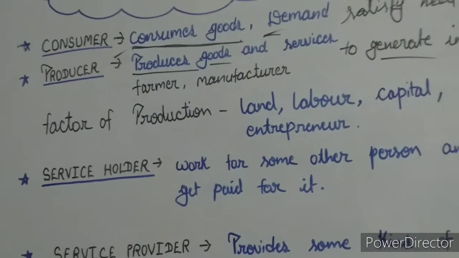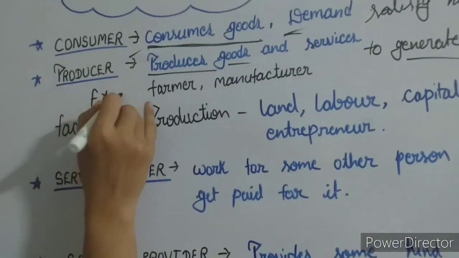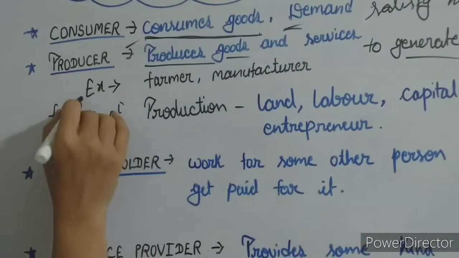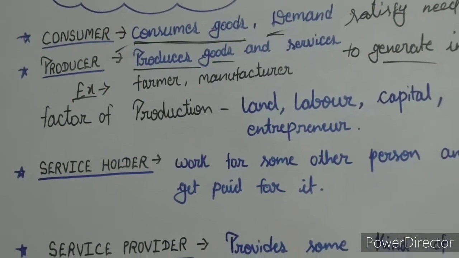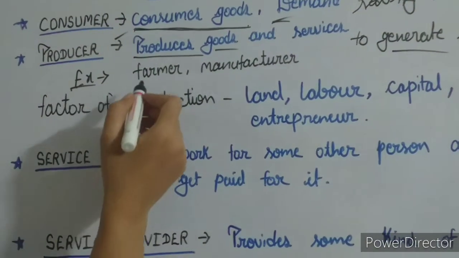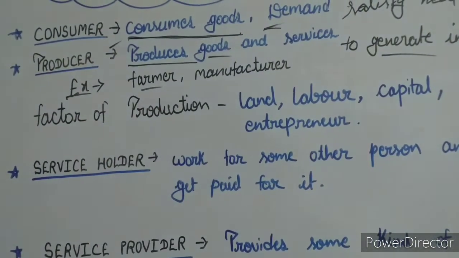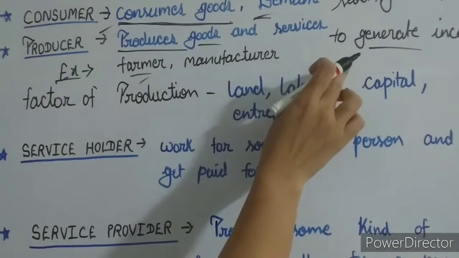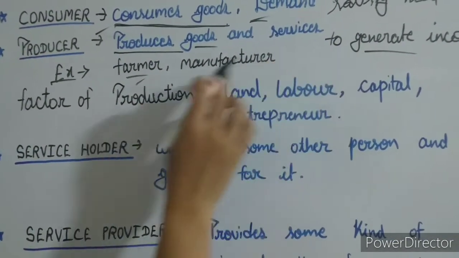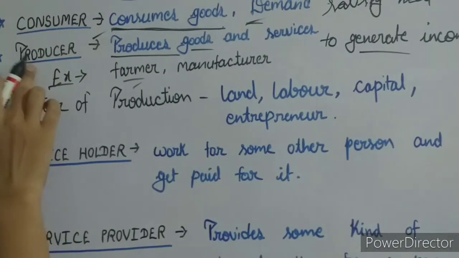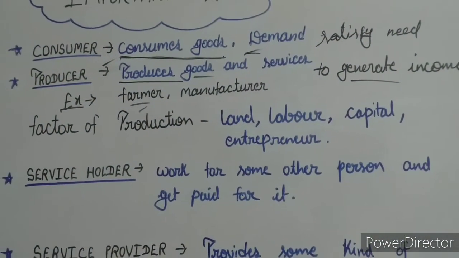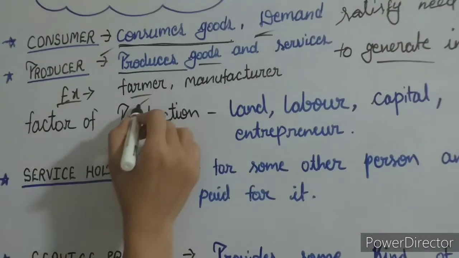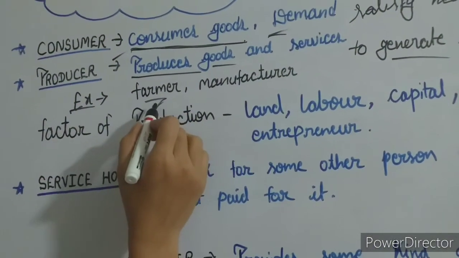We can take the example of a farmer. A farmer produces some vegetables or fruits. Why does he produce this? For generating income only. So the farmer is a producer and we are consumers of the goods of the farmer. We are consumers of vegetables and fruits.